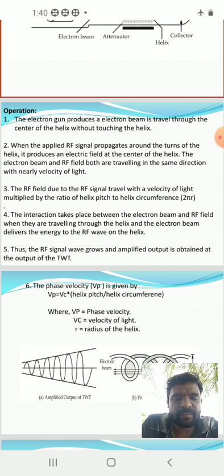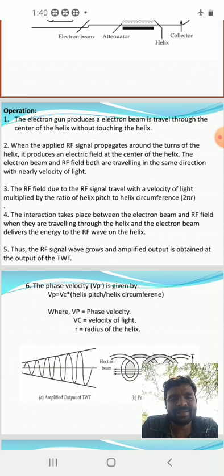The electron beam is generated by the electron gun. Whenever the power is on, the electron gun generates electrons which are transmitted from the gun through the vacuum tube and the center of the helix towards the collector.